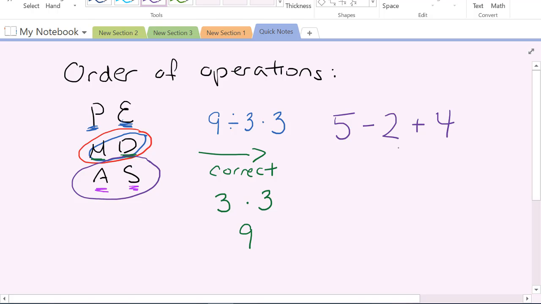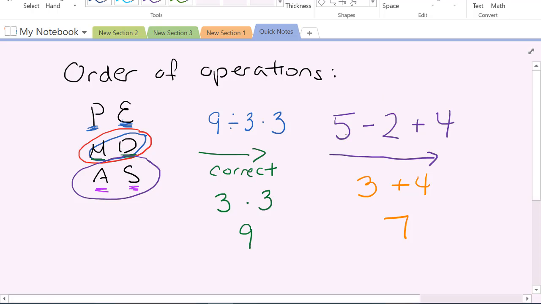You don't do 2 plus 4 first. You go left to right whenever addition and subtraction are next to each other. So first you do 5 minus 2, which gives us 3. Then you add the 4, which gives us 7. That is the correct way to do it.